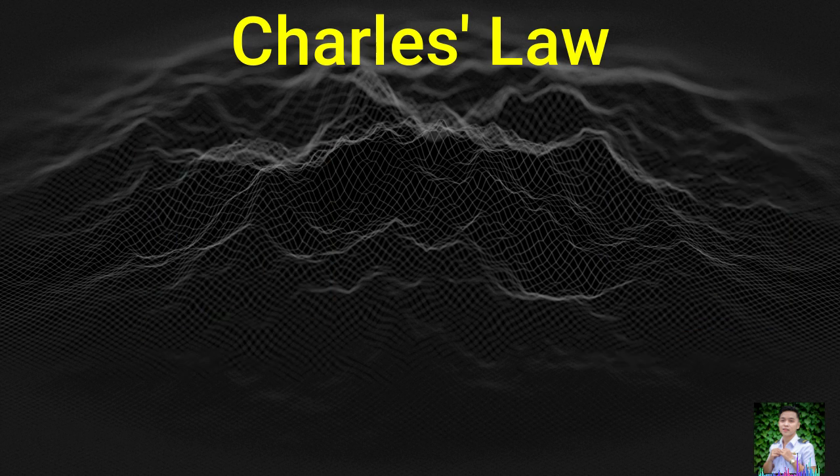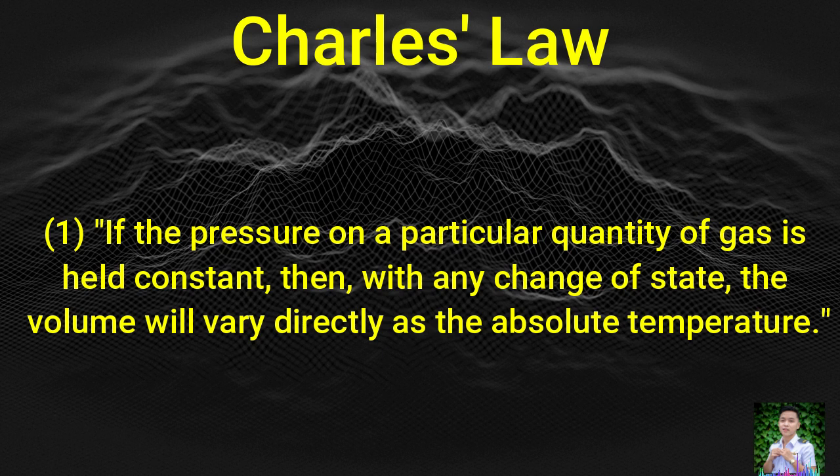Well, this Charles' law is divided into two. The first one states that if the pressure on a particular quantity of gas is held constant, then with any change of state, the volume will vary directly as the absolute temperature.